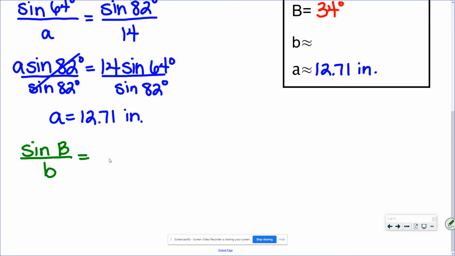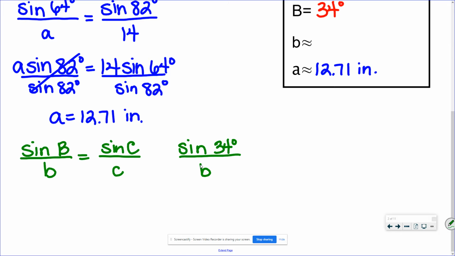And then you can use whatever you would like for your other ratio. I will go with sine C over C, kind of like I did last time. So sine of B is sine of 34.